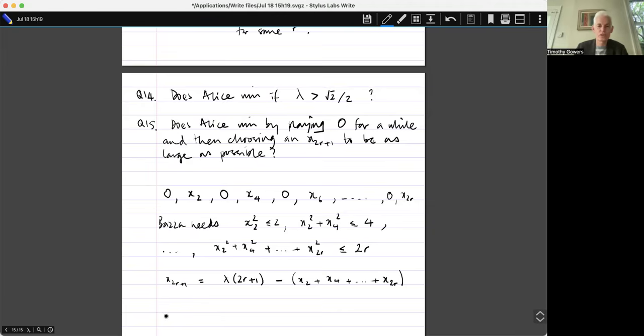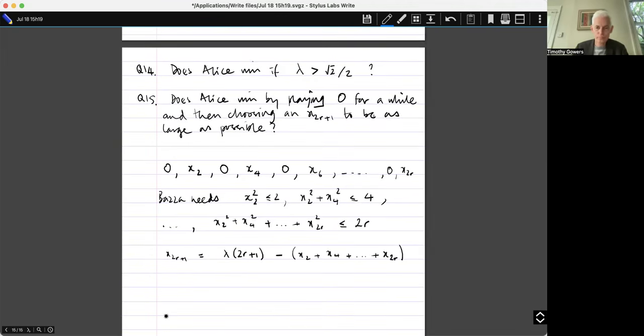And what is the condition? Bazza is going to need x2 squared plus x4 squared plus x2r squared plus this x2r plus 1 squared number here. I'll just write it as x2r plus 1 squared, but it should be understood that x2r plus 1 is this.